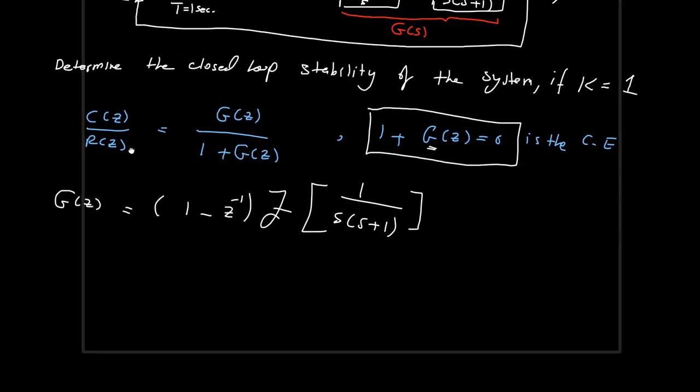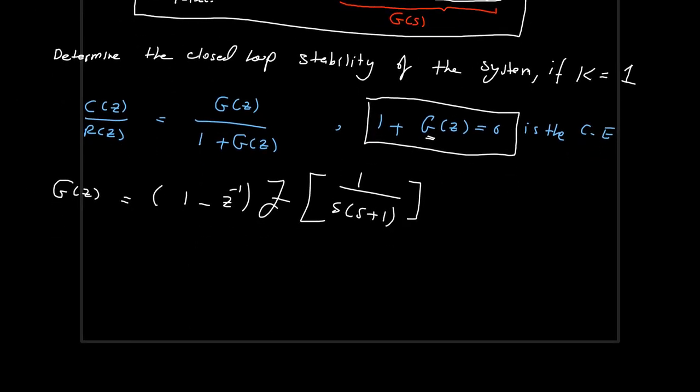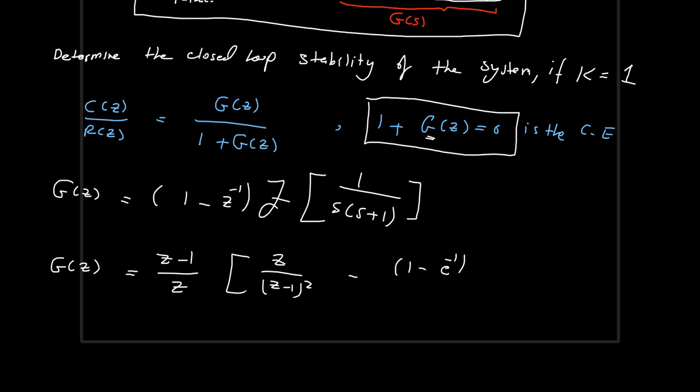Now you can use whatever method you need to find the z transform. Previously we used the method of residues, so simply G of z will equal 1 minus z to the minus 1, which can be written as z minus 1 over z, multiplied by z over z minus 1 squared minus 1 minus exponential minus 1 z over z minus 1, z minus exponential minus 1.